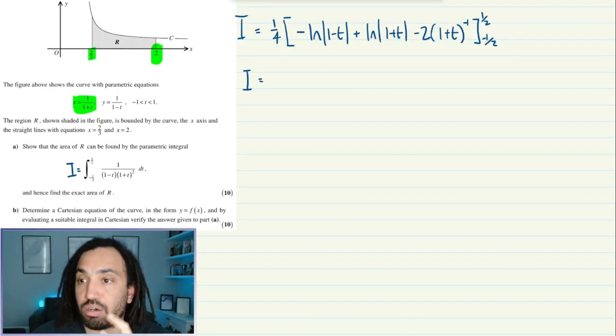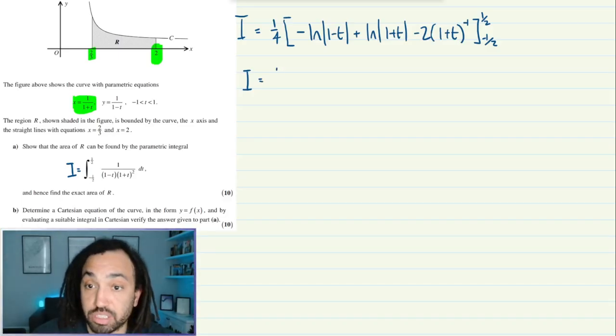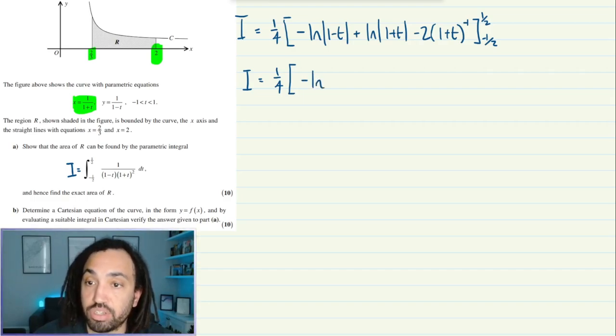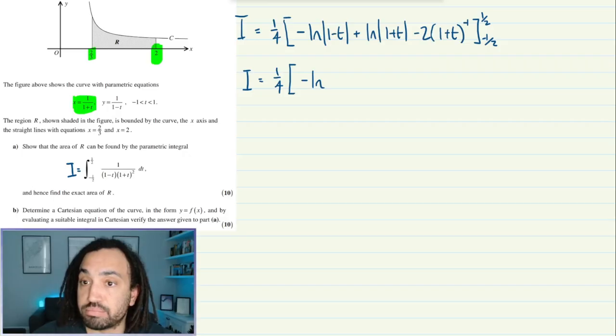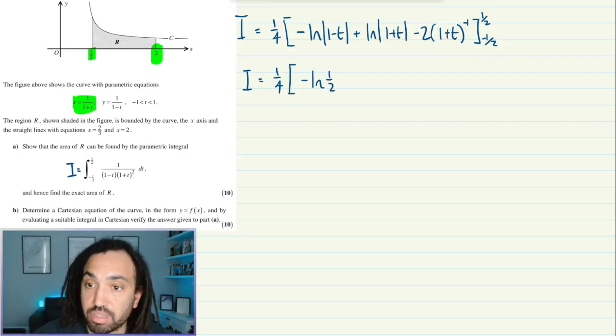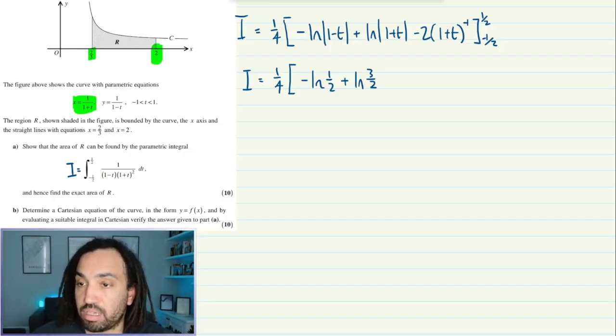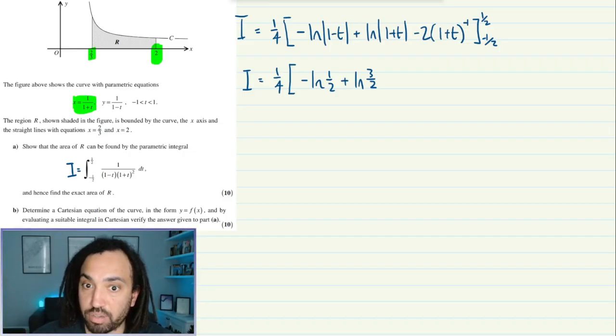So I is now, we need to just substitute in the values, don't we? So I'm going to take a quarter here. And this is going to give me minus ln of a half, plus ln of 3 over 2. And this is going to give me a half, 3 over 2, swap it over 2 over 3, times it by -2, gives you -4 over 3.